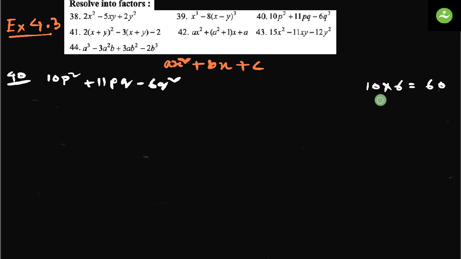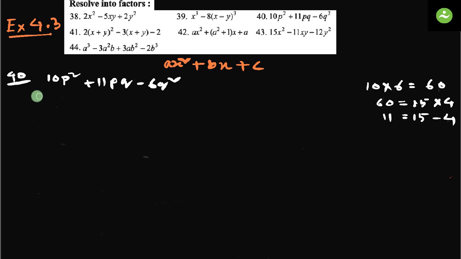So we have to find or select two factors of 60. The product should be 60 and sum should be plus 11. 15 into 4, 15 and minus 4.